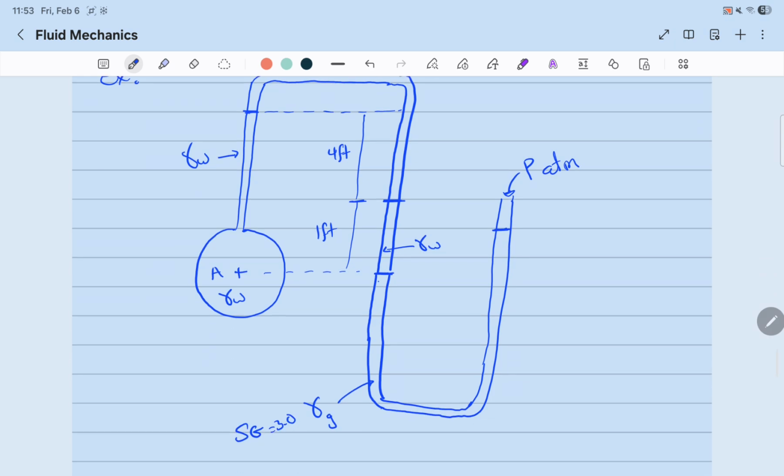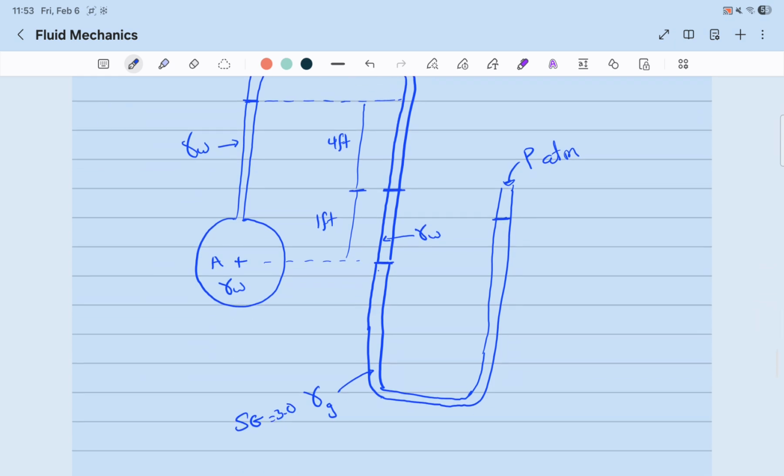And between this point and where the fluid meets atmospheric pressure, it's 1 foot.